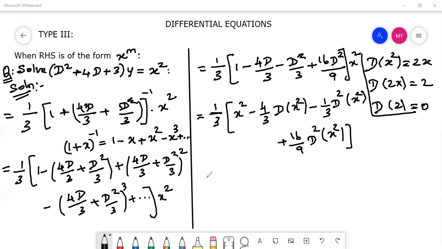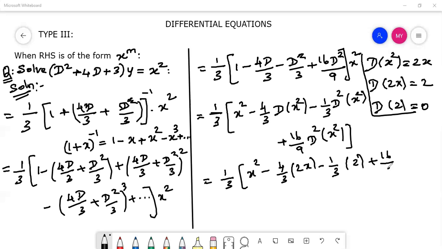And then finally, when you differentiate, it will be 1/3 x² minus 4/3. What is the first derivative of x²? It is 2x. And 1/3, that is the second derivative of x², it is 2. And then 16/9, D², again the second derivative, it is just 2.